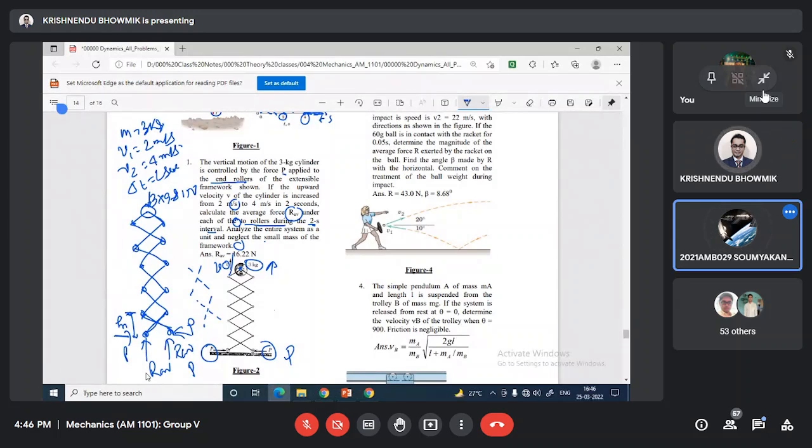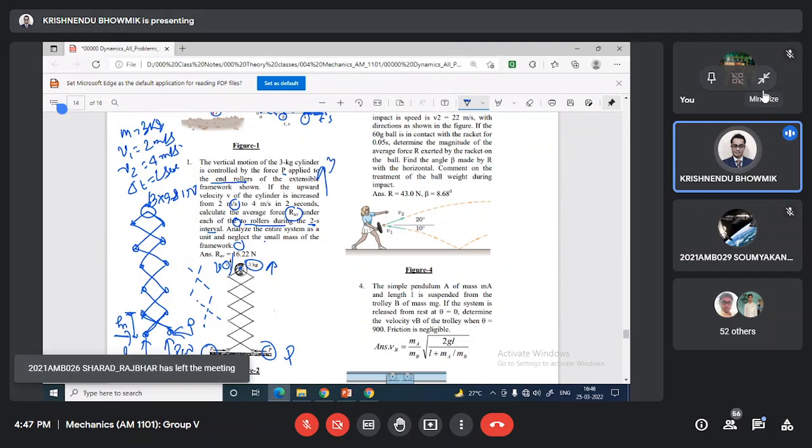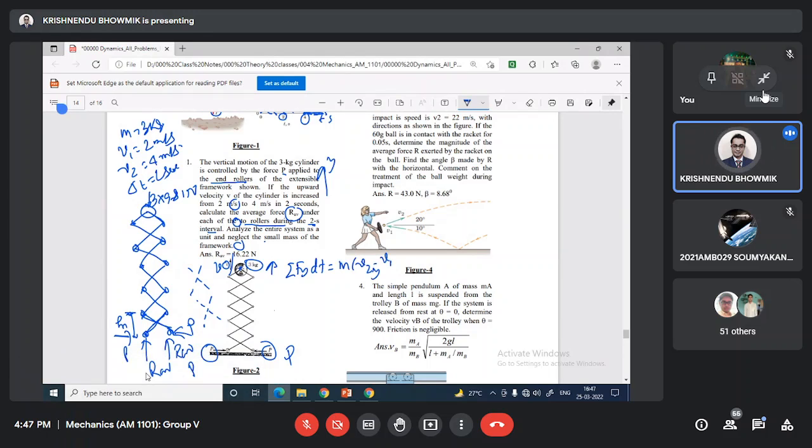Yes, sir. Okay. So now, if this is the y direction, then we have summation Fy dt equal to m times v2y minus v1y. This is the expression, simple.